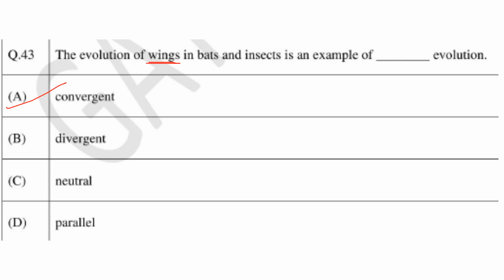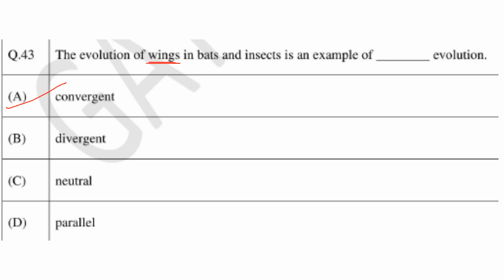Now what is divergent evolution? Divergent evolution means they have evolved from a common ancestor, but they show different traits. That is divergent evolution. And what is parallel evolution?